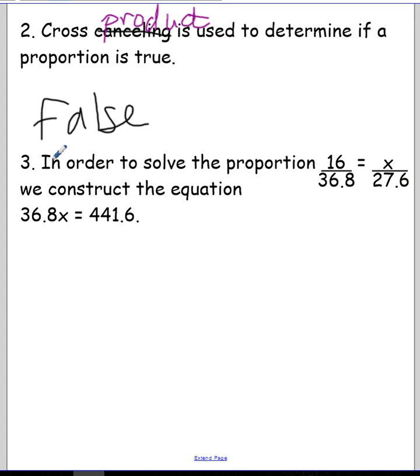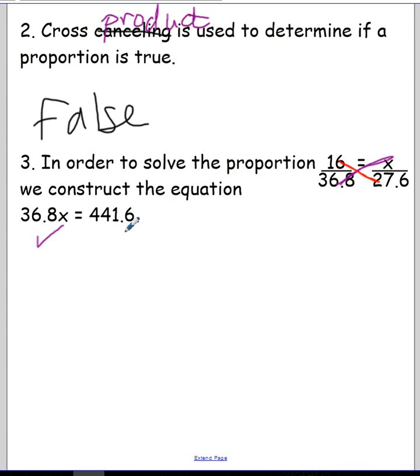And so for 3, in order to solve the proportion, 6 is to 36.8 as x is to 27.6, we construct the equation 36.8 x is equal to 441.6. So our 36.8 is across from x, so that checks. And then we have 16 across from 27.6.